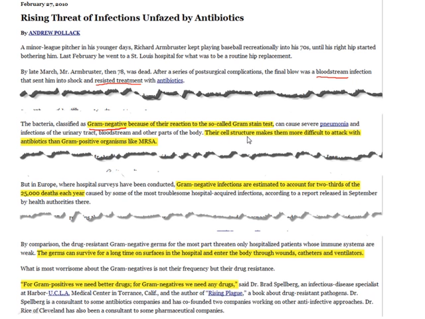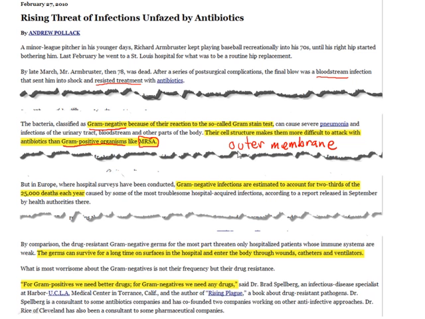And it says here their cell structure makes them more difficult to attack with antibiotics than gram-positive organisms, like methicillin-resistant Staph aureus. So can you tell me why their cell structure makes them more difficult to attack, naturally speaking? That's right, because they have that outer membrane that acts like a filter.